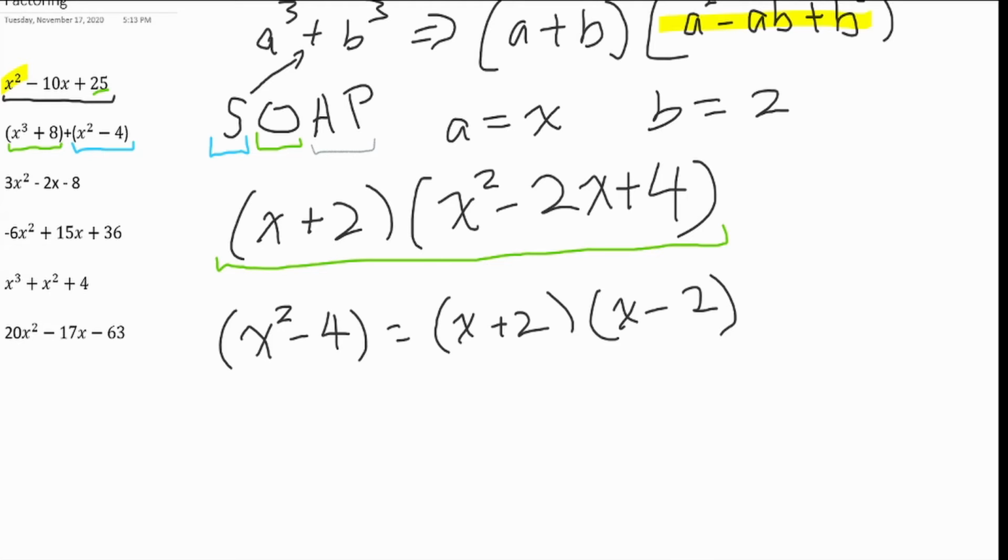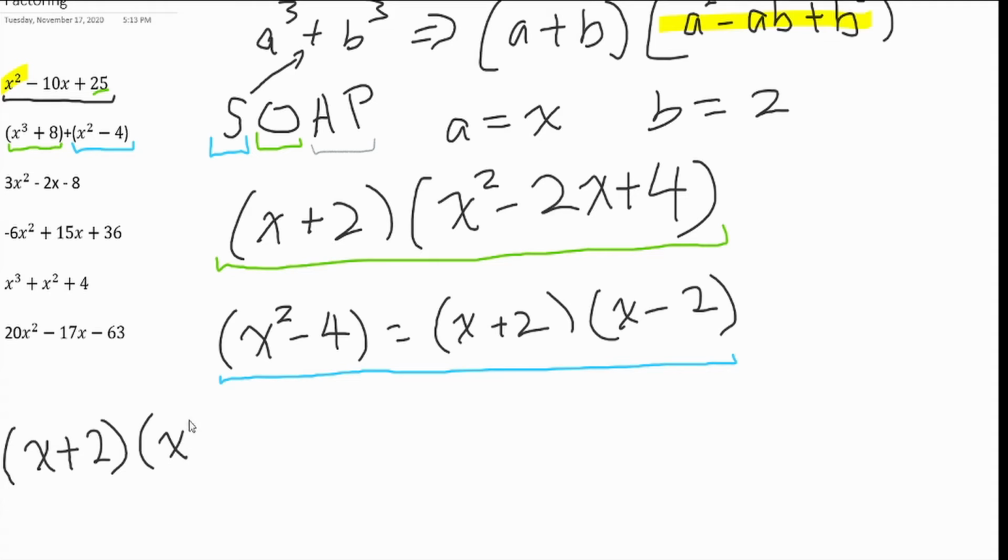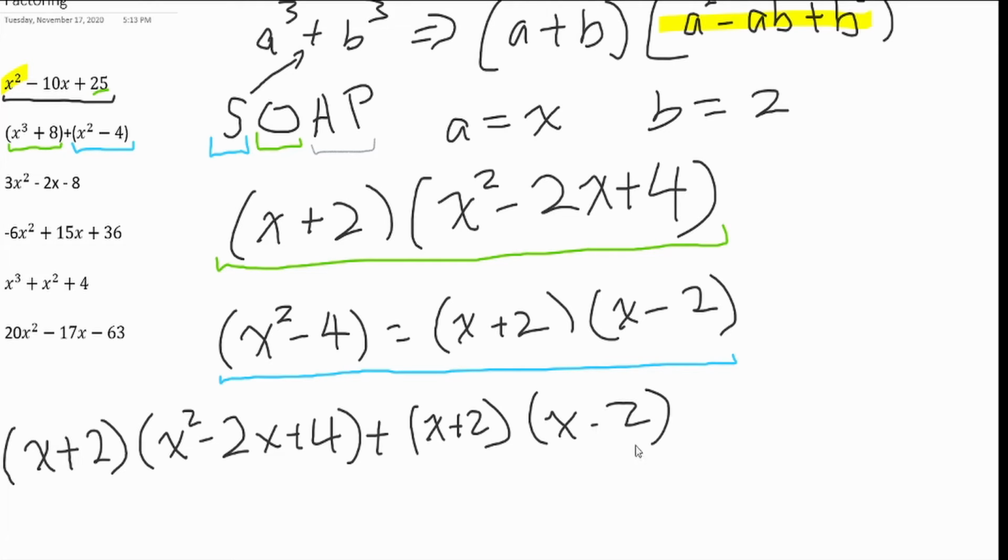So very simple. All we have to do now is combine these two. We combine these two together, and so we have (x plus 2)(x squared minus 2x plus 4) plus (x plus 2)(x minus 2).